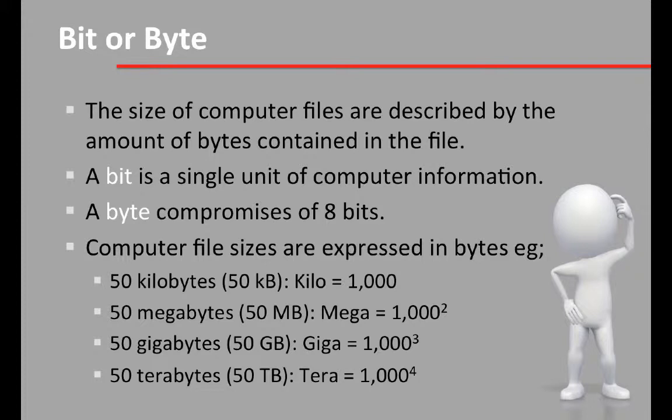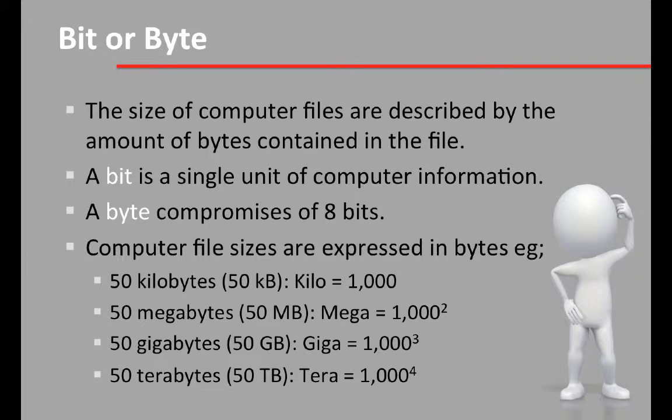You may be already familiar with the way we describe file sizes, how much information is actually stored in that file, and that's expressed in bytes. So kilobytes, kilo meaning 1,000, so 50 kilobytes is 50,000 bytes. Megabytes is another way of describing file size. So kilo is 1,000, mega is 1,000 times 1,000 or 1,000 squared.